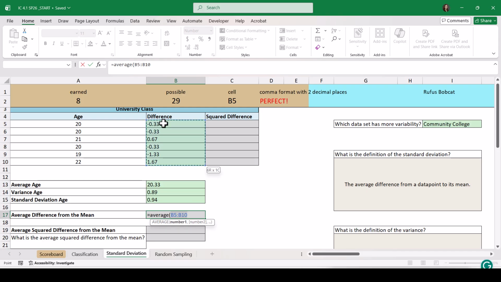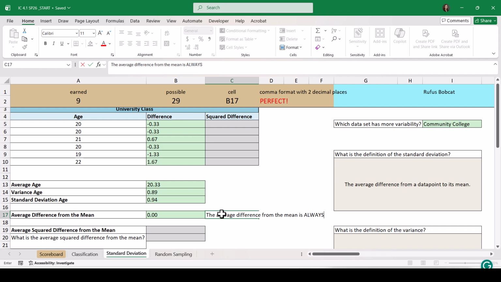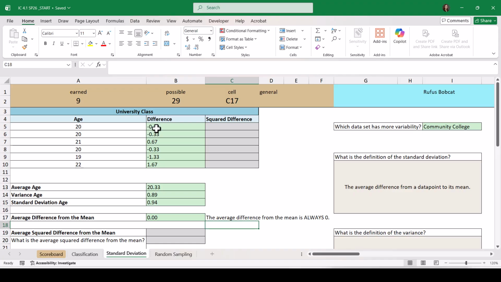It's the average difference from the mean. And it is 0. And this is just how it always turns out to be. The average difference from the mean is always 0. And the reason why is because the negative values and the positive values are going to cancel each other out, and it's always going to end up to be 0.